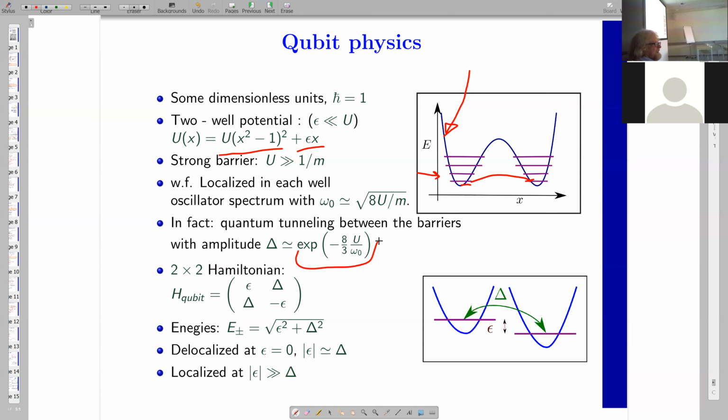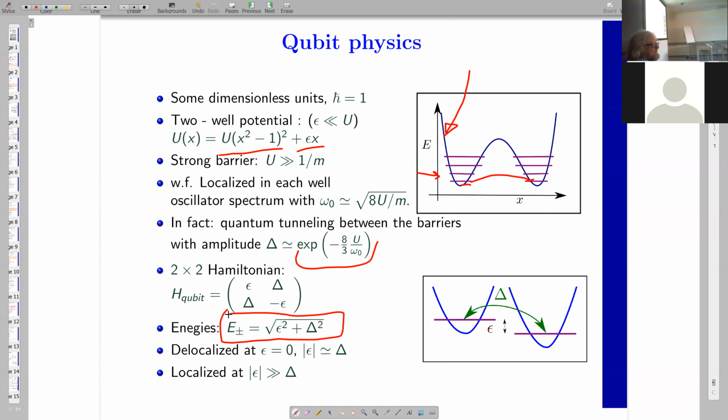Fine, all right. We diagonalize the 2 by 2 matrix, obtaining the energies of these qubits. We figure out that the states in the qubit are delocalized if the levels are aligned perfectly. In this case, the qubit is in a superposition of left and right with equal weights.